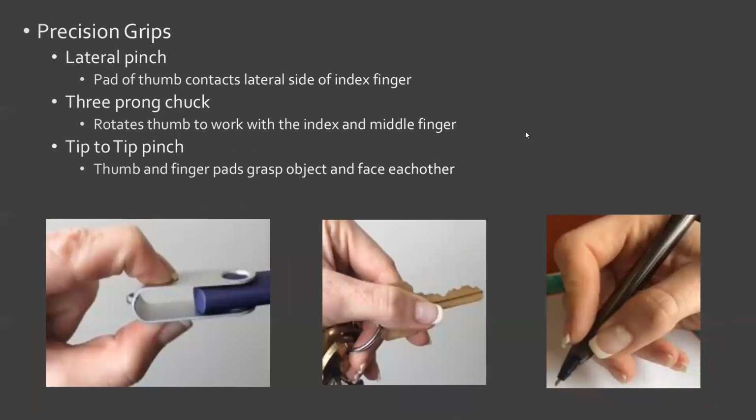But for the most part, with these precision grips, primarily the three-prong chuck is your most useful grip because this is the one that incorporates at least 3 fingers. So you think about it, using your nice claw here, you can do virtually anything you want aside from, say, throw a football.